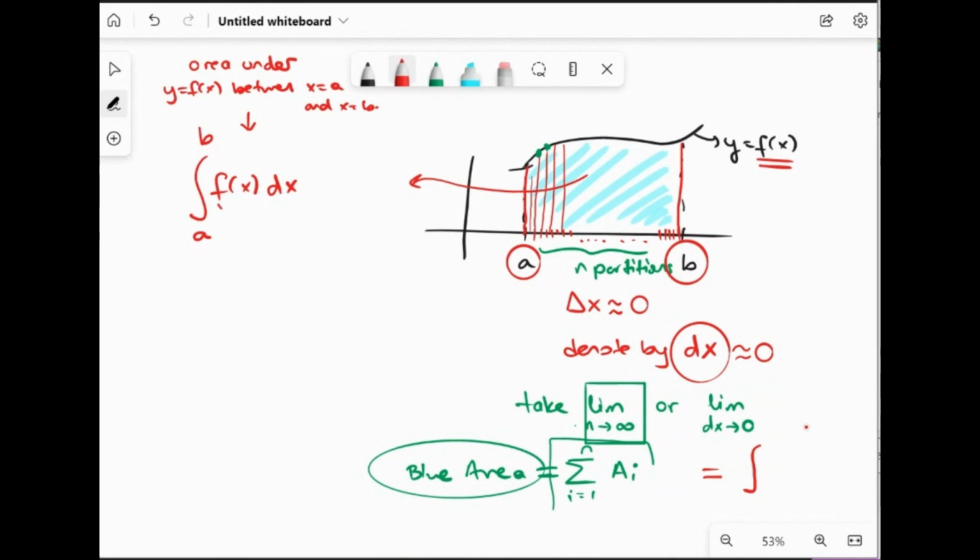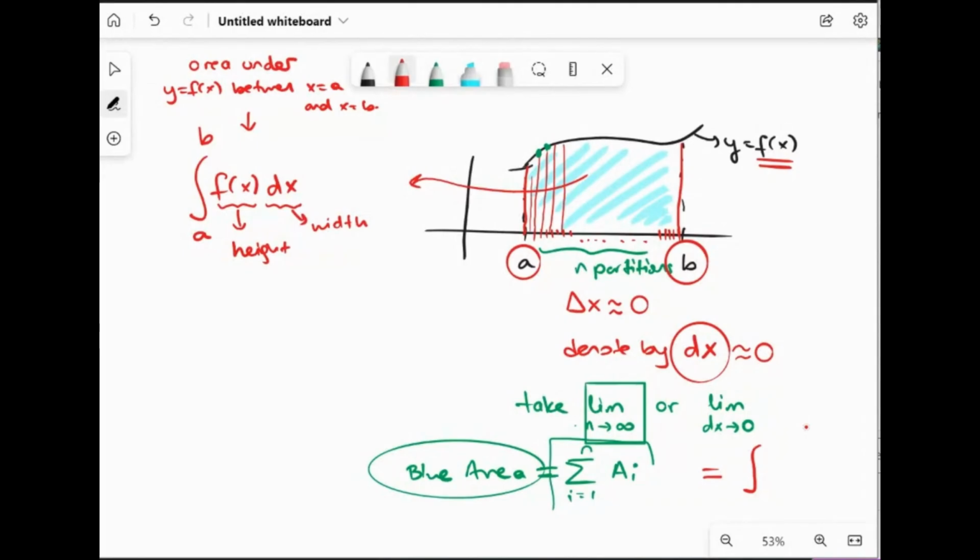We discussed finding the areas of specific sub-rectangles. f of x stands for the height of each rectangle, and dx, the very tiny, thin interval, is the width of each interval.